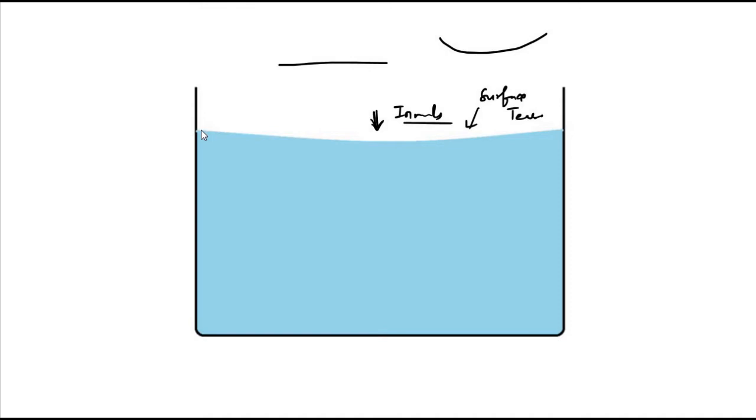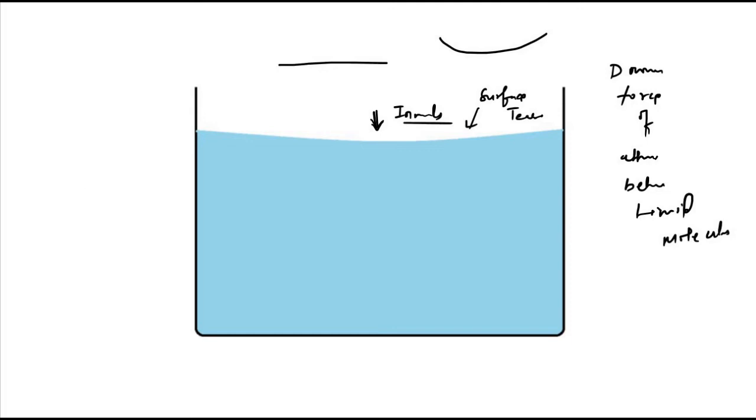It is because of the downward force of attraction between the liquid molecules. So let us try to understand it. Let us say we have this liquid container which is open to the atmosphere, air pressure. Here there are different molecules present.